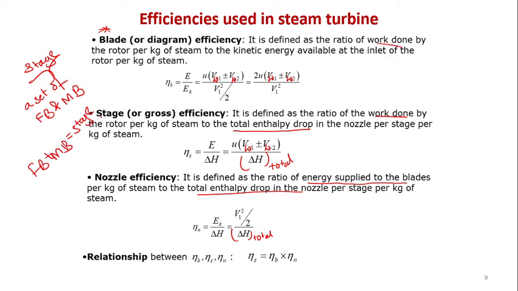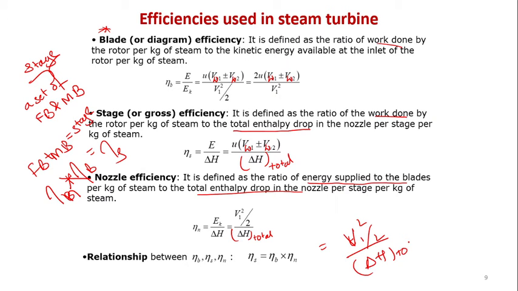So what will be stage efficiency then? Stage efficiency will be the blade efficiency into the nozzle efficiency. The nozzle efficiency is given by V1 square by 2 whole divided by delta H total, and the blade efficiency is given by 2U (VW1 plus or minus VW2) whole divided by V1 square by 2.